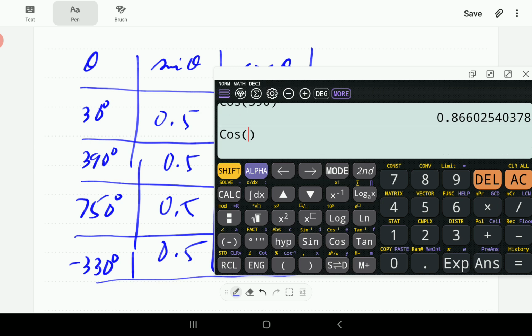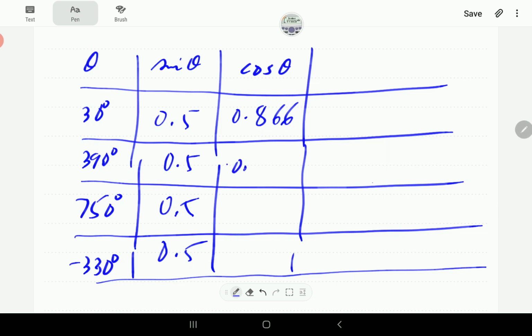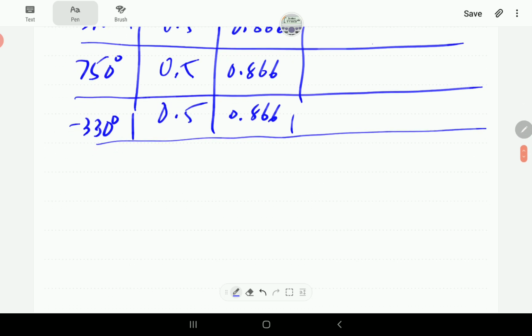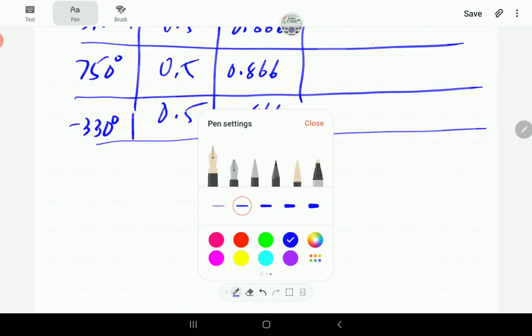Then I'm going to try cosine 750, also 0.866. Cosine negative 330, also 0.866. So this is very interesting. In fact, from there we can make a conclusion.